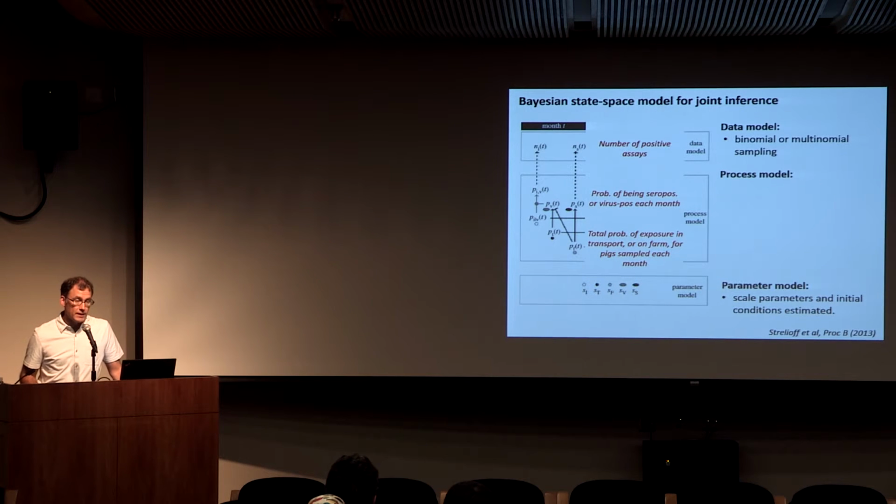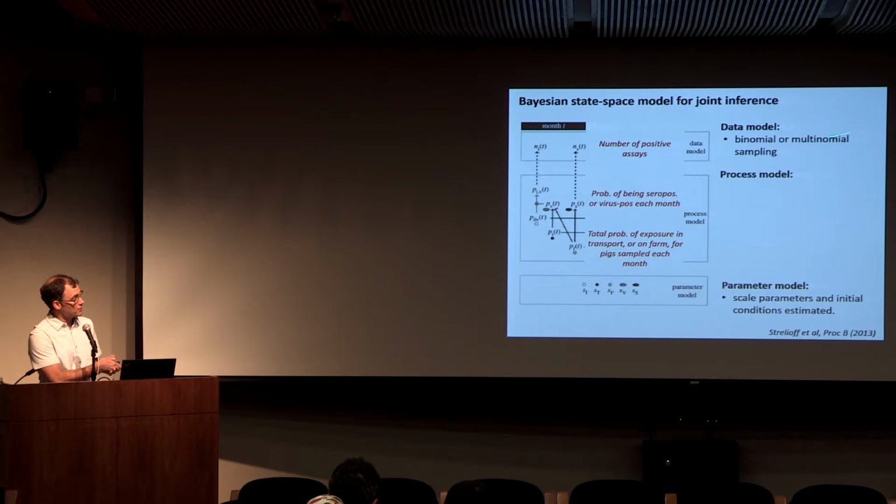So we constructed a Bayesian state space model to try and put these pieces together. And this is a hierarchical model. I'll walk you through this picture in some detail. It's a state space model, which means we're separately thinking about the actual process, that's the biological process underpinning the structure of the data we're collecting, and separately from that, the observation process itself.